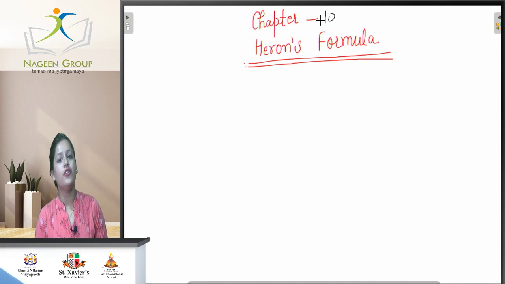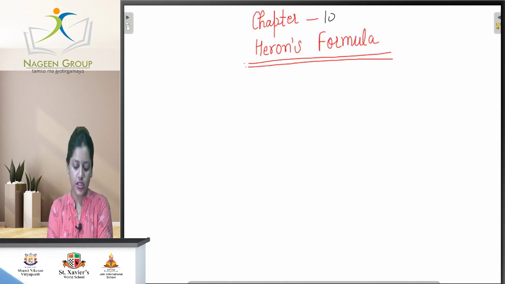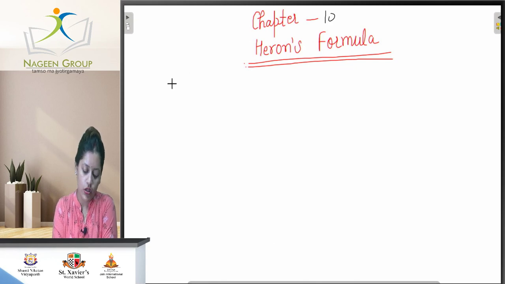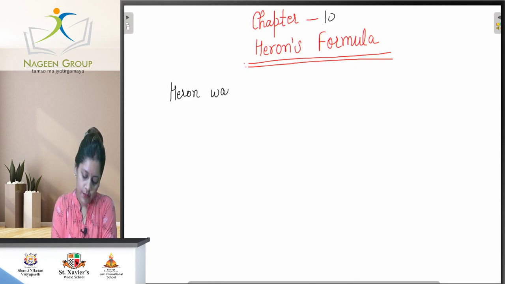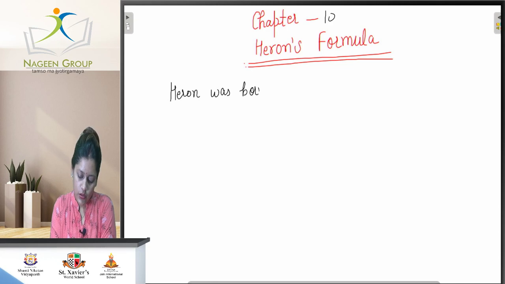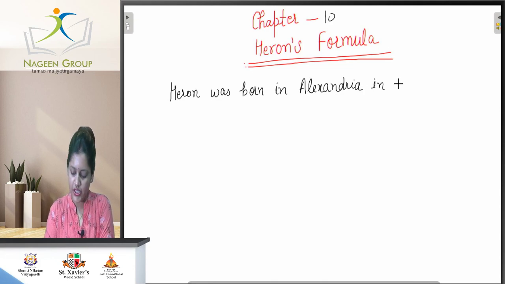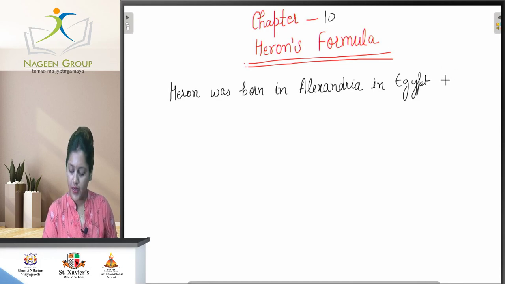Introduction. First of all, how this formula arises and how this formula is made. This is a very important question to know about. So the history of Heron's formula tells us that Heron was the name of a scientist, born in Alexandria in Egypt in AD 10.